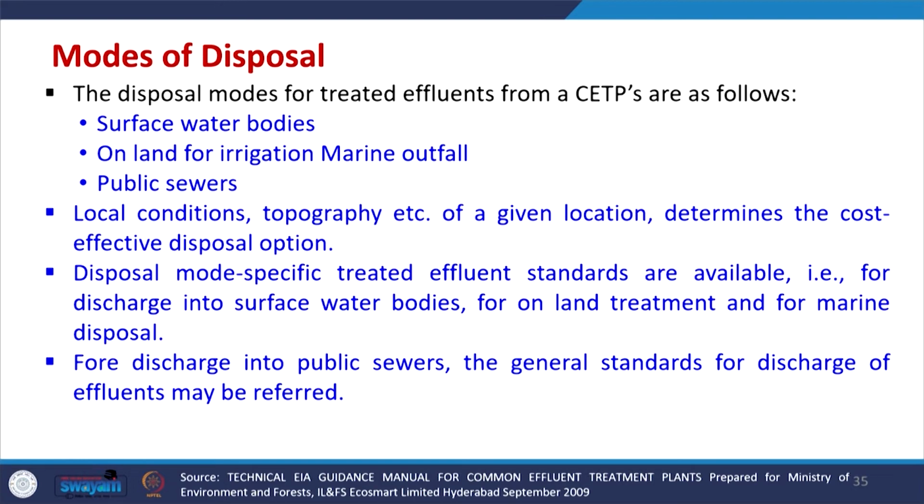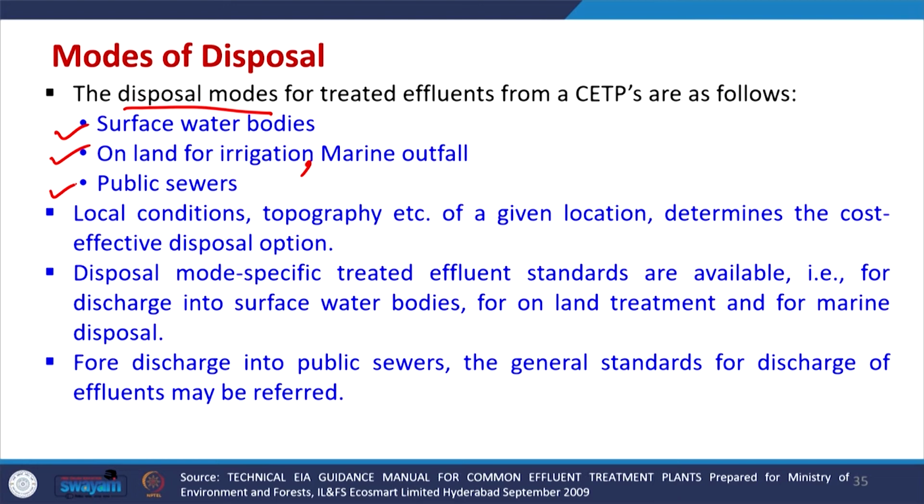Now, there are different strategies which can be adopted for disposal of the treated effluents from a CETP or from any wastewater treatment unit. The disposal modes could be surface water bodies, land for irrigation, marine outflow or public sewers.